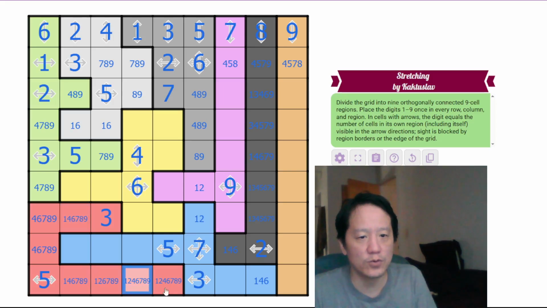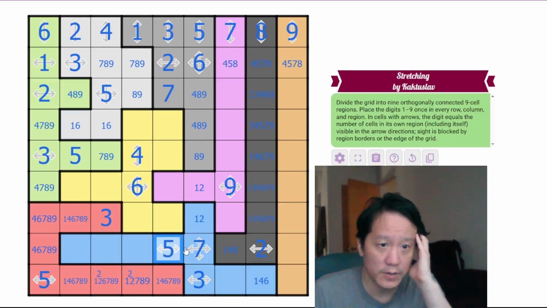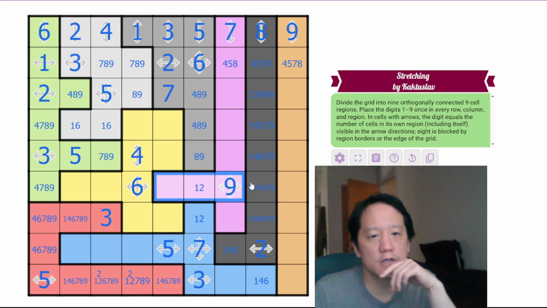This can't be 4, no 4 or 6, no 2 here. So 2 in the red region has to be one of these 2 digits. 9 here.